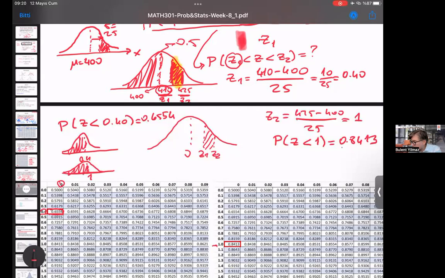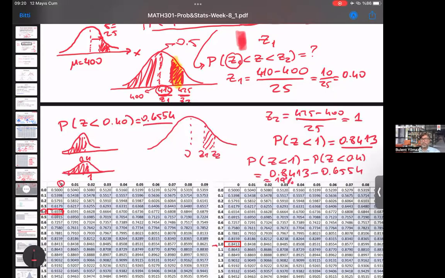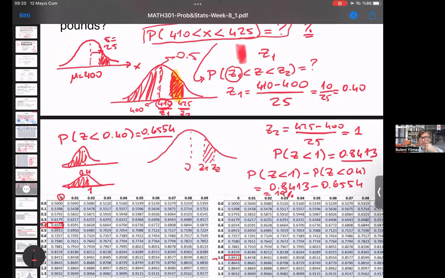So if I take the subtraction of these two, probability of Z less than 1 minus probability of Z less than 0.4 is going to be the result, okay? 0.8413 minus 0.6554, which is going to be something like 19%, okay? Very close to 19%. Is this clear, guys? Did I make everything clear here? Do you have any questions at this point?